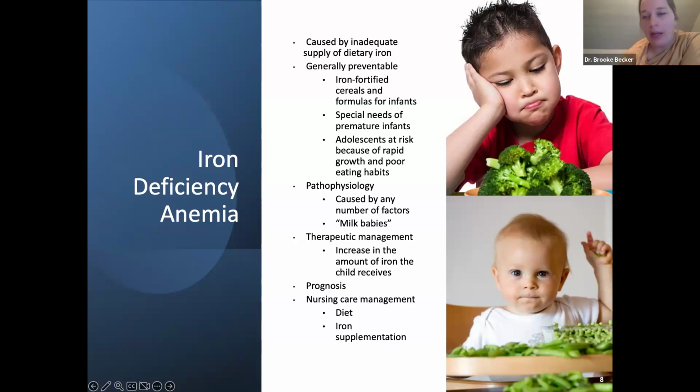Okay. So the goal is to increase the amount of iron that the child has either in their diet or by supplementing. The best way to supplement is dietary changes. If parents and kiddos will not comply with that, then they can take an oral iron supplement.